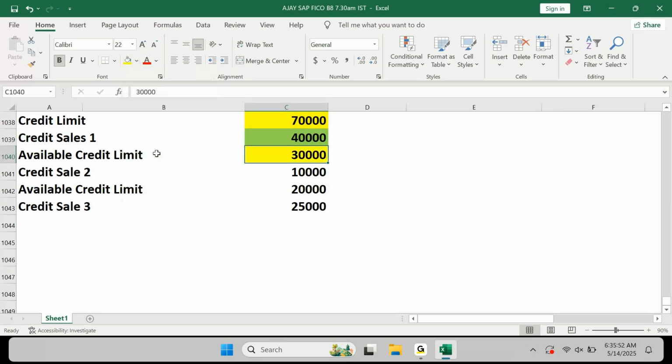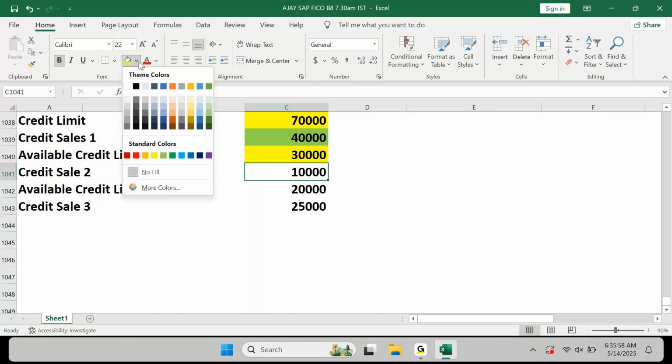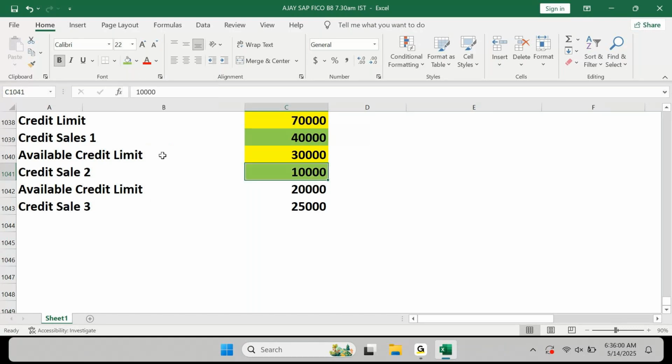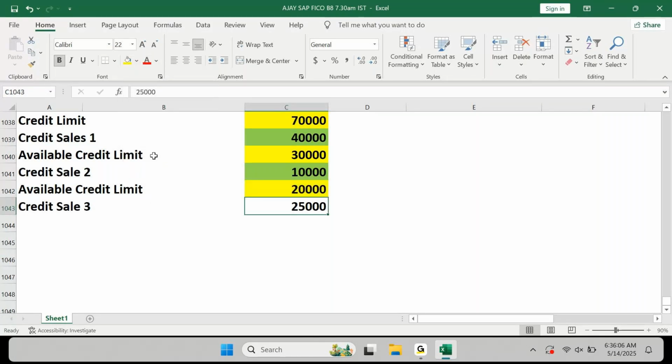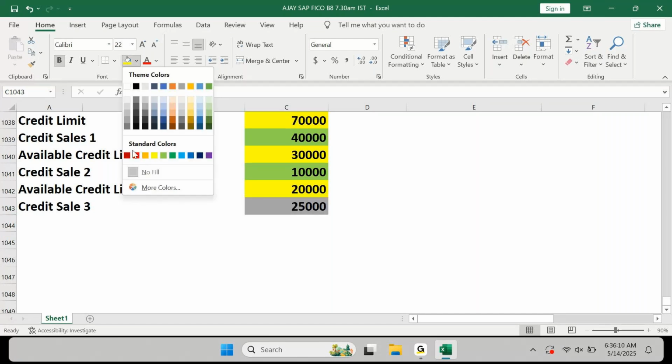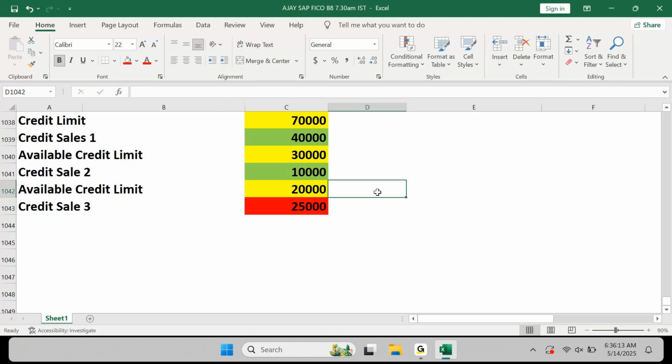I got another sale for 10,000. Accepted or rejected? Accepted, sir. Then my credit limit has become 20,000. I got a sale for 25. Accept or reject? Reject. This is rejected because the available credit limit is not sufficient to make this sale.